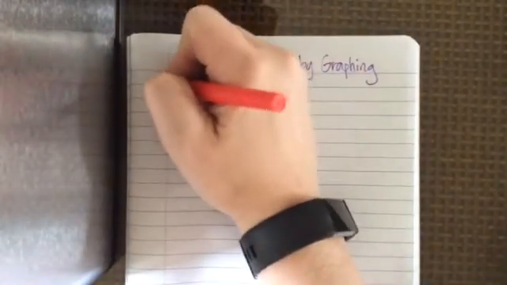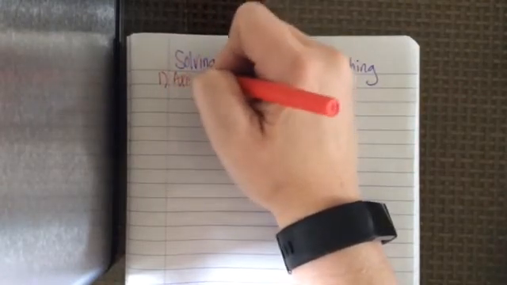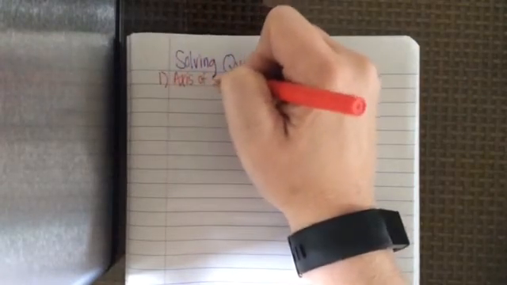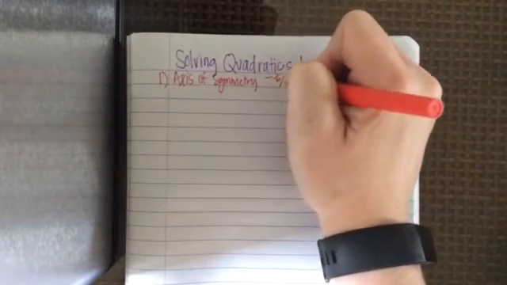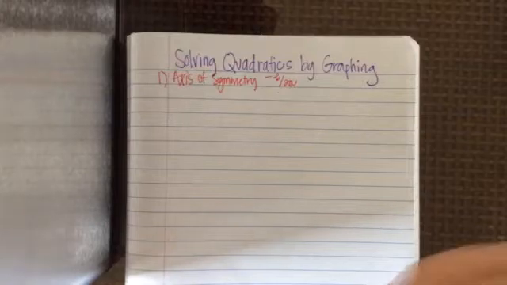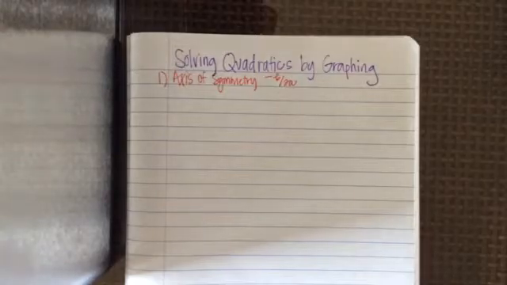So again, the first is to find the axis of symmetry, which is negative b over 2a. When you find your axis of symmetry, negative b over 2a, you draw your dotted line.